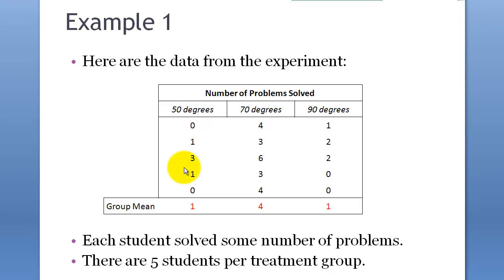If between group variance is larger compared to within group variance, there is much larger, significantly larger variance between the groups than the variance that exists within groups as a whole.